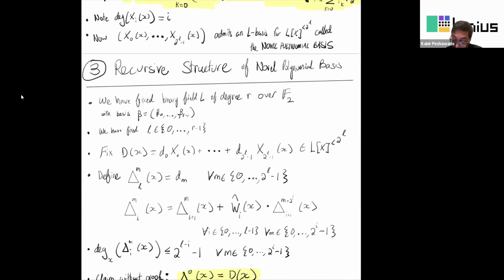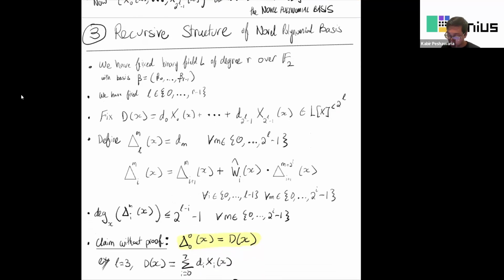And we are now going to fix an arbitrary polynomial, capital D of x, which, interestingly enough, is represented to us not in the univariate monomial basis, but in the univariate novel polynomial basis for the polynomial ring with this degree bound of strictly less than 2 to the little l. Awesome. So we basically have this coordinate vector, d0 up to d to the l minus 1, as how we'd represent it.